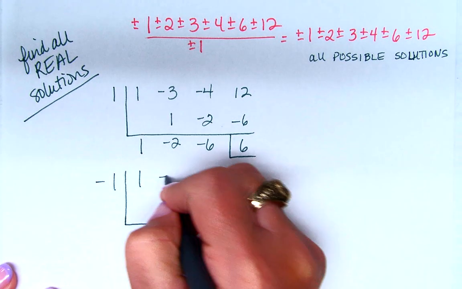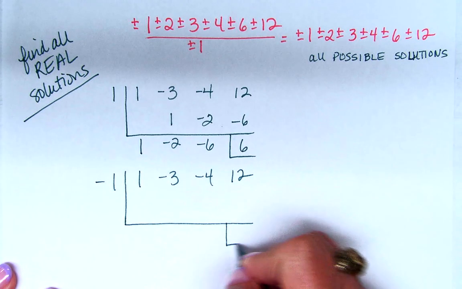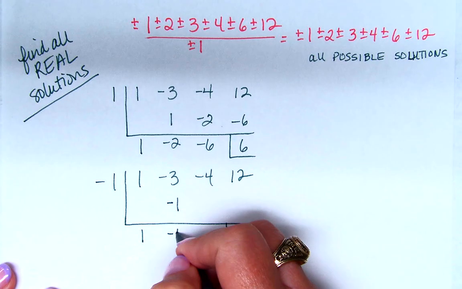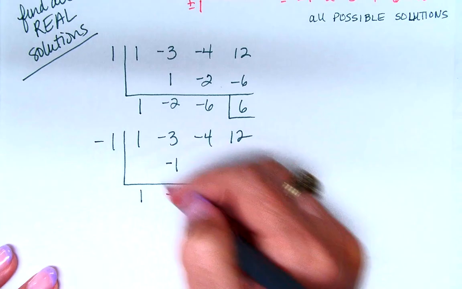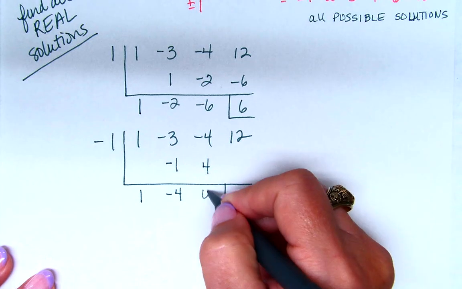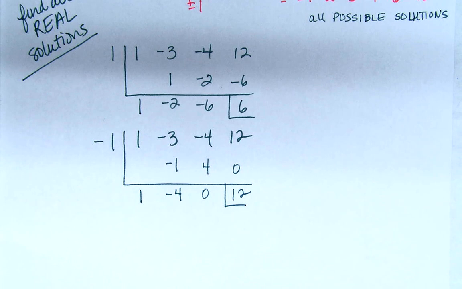Okay, -1. 1, -3, -4, 12. 1, -1, -4, 4, 0, 0, 12.